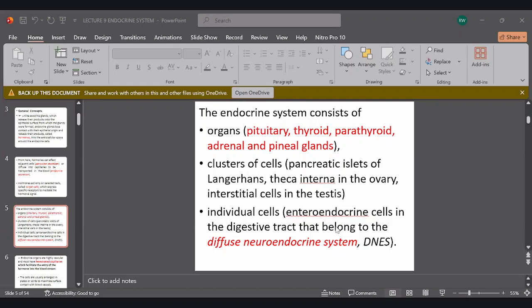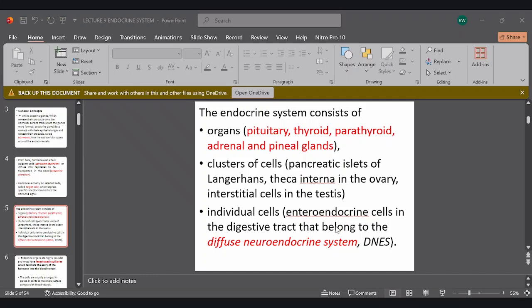Okay. Now, the parathyroid and thyroid glands are completely different endocrine glands. The thyroid controls metabolism in your body.